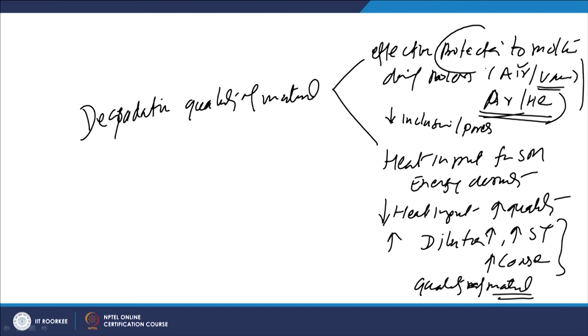So, the protection of the molten metal as well as the heat input used for surface modification are the two big points as far as quality degradation and the quality of the material applied during surface modification are concerned. We need to consider both these aspects when we are looking at surface modification using welding or thermal spray based processes.